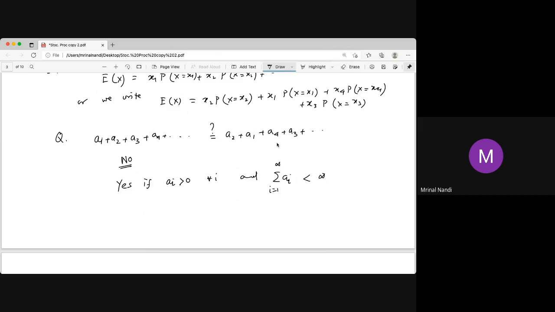The sum will be the same for different rearrangements. It's called the rearrangement of the terms. But the answer is no if some ai are negative and some ai are positive, even if the series is converged.